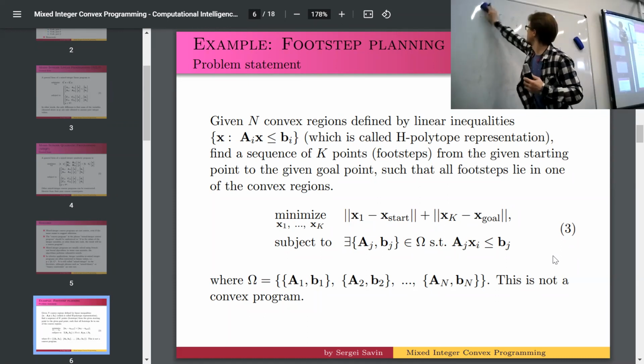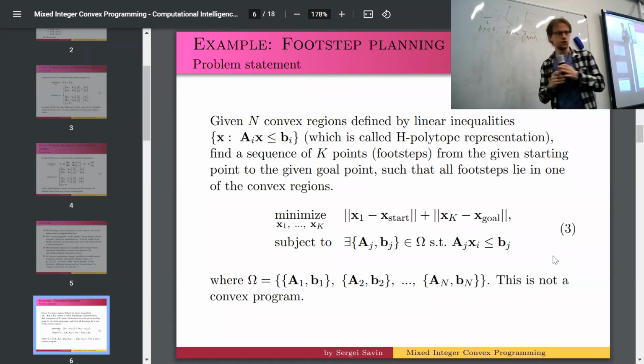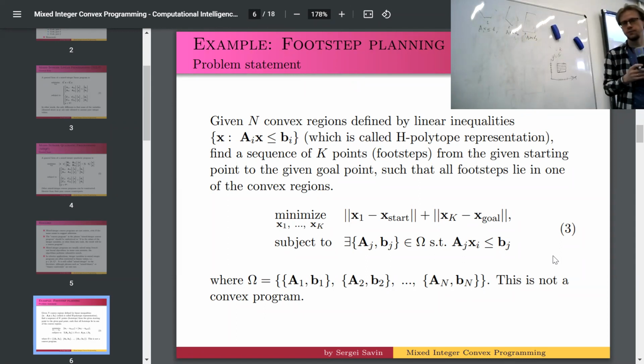So you have H-polytopes. 1, 2, let's say 3. Each of them represented as such. So we have H-polytopes. N of them, I'm just drawing 3.